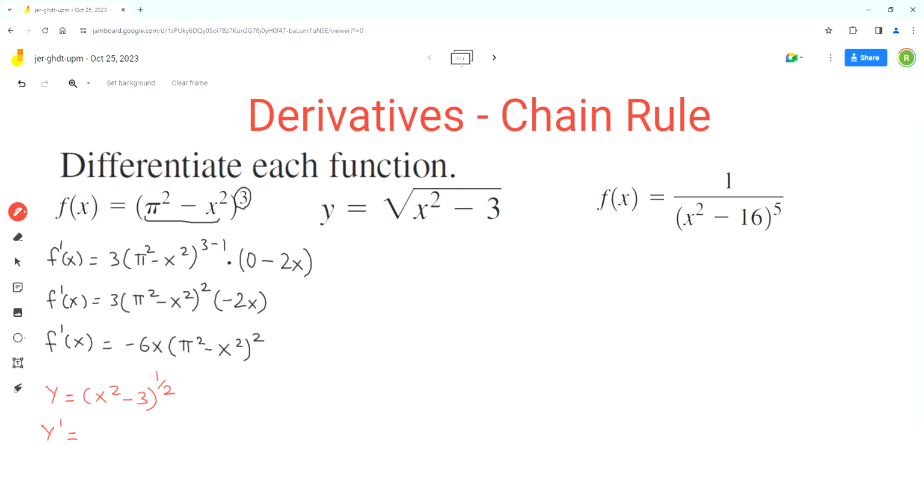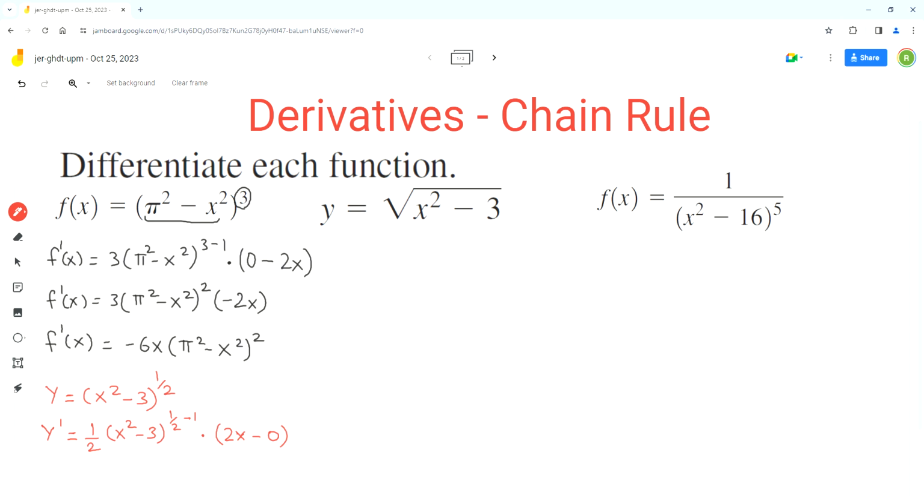so the outer function is the exponential function. So we'll use the power rule of derivatives. So we'll move the exponent to the front and we'll subtract 1 from the exponent times the derivative of the inner function, and the inner function is x squared minus 3. So the derivative of x squared is 2x as per the power rule, and the derivative of 3 is 0 because 3 is a constant.